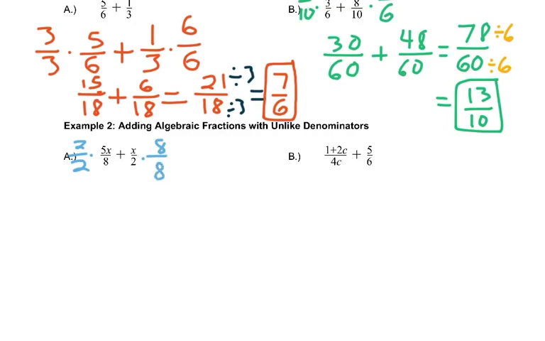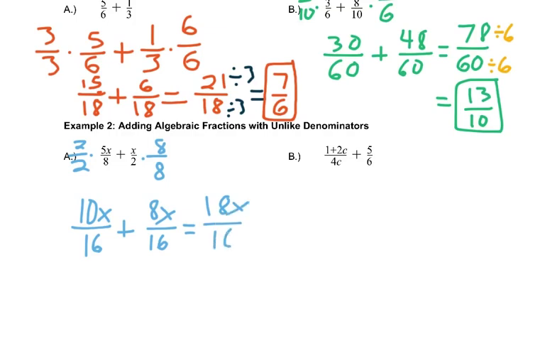So then I get 2 times 5x, 10x. Don't forget the variable. 2 times 8 is 16, and then plus x times 8 is 8x over 16. Magically, common denominators. Now I can add 10x plus 8x, 18x over 16. And those are even numbers. So I can simplify, divide by 2. And so then I get 9x over 8.